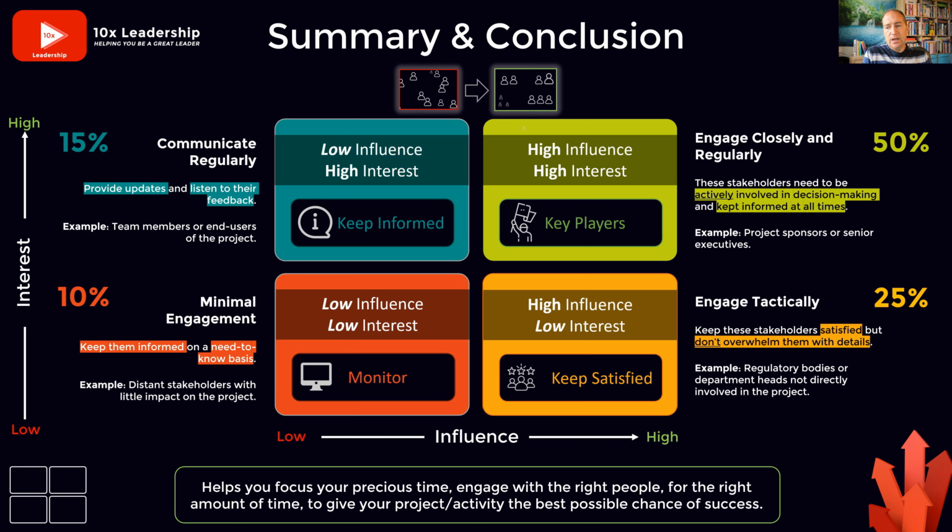So I recommend that you use this. Virtually every project or activity I've got, we understand who's important and where they fit in these boxes. It doesn't have to be a long, laborious process. It can be really, really quick to do, but it's definitely worth doing. And then using those different groups to target your efforts and communications.